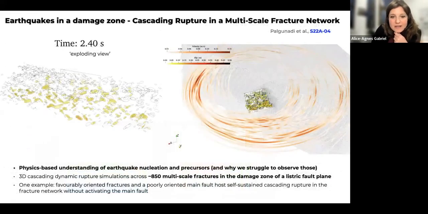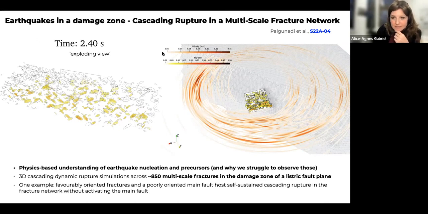Yeah, one of the examples I wanted to show, and one of the shortcomings maybe of the models I showed so far, is that in these dynamic simulations, we're prescribing how earthquakes nucleate. And there's an interesting study we've been involved in, maybe for this audience, trying to better understand earthquakes nucleating or being completely constrained to fault damage zones, modeling them as a cascading rupture in this multi-scale fracture network.